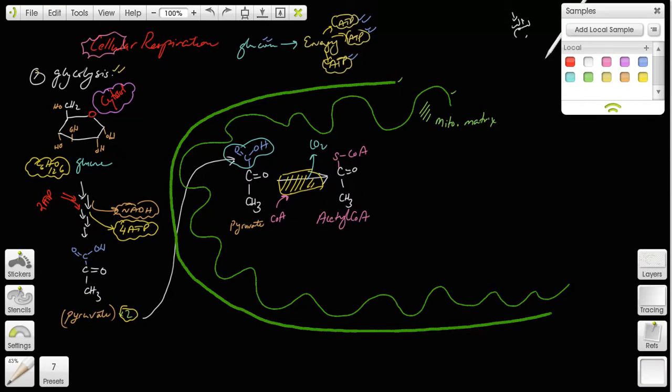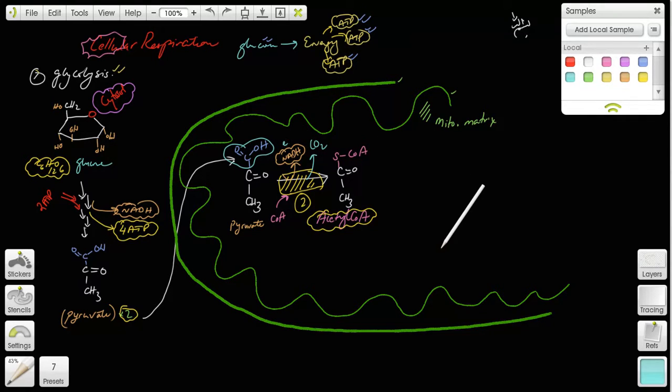So the first step of cellular respiration was glycolysis, and the second step here is going to be conversion of pyruvate into acetyl-CoA. Okay, now this is going to generate for us some more NADH, which, as we said, is an electron carrier, so it's an electron carrier or taxi, and that's important for us.